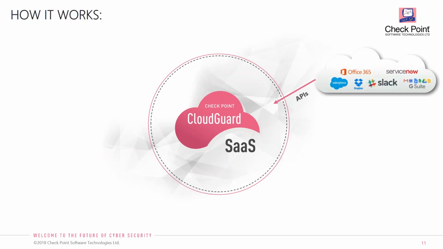So, how does CloudGuard SaaS work? Very simply, we take advantage of APIs. Using the APIs from those providers that you can see in the top right corner of the screen, we are able to get notifications of events, of files, of different activities taking place within those cloud platforms.